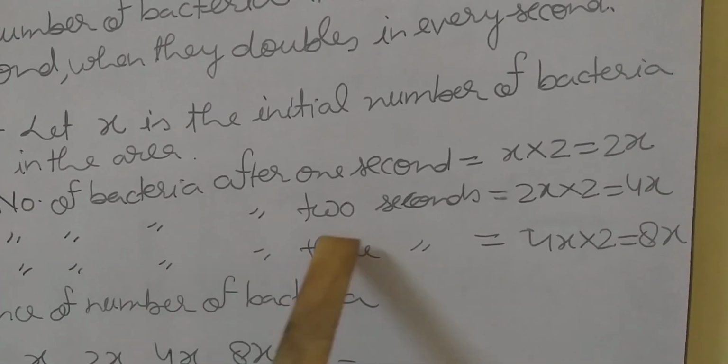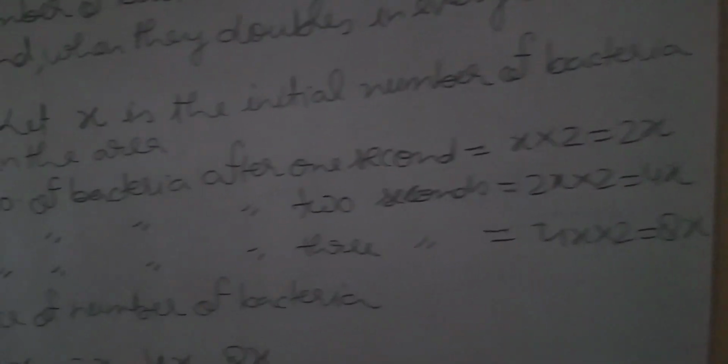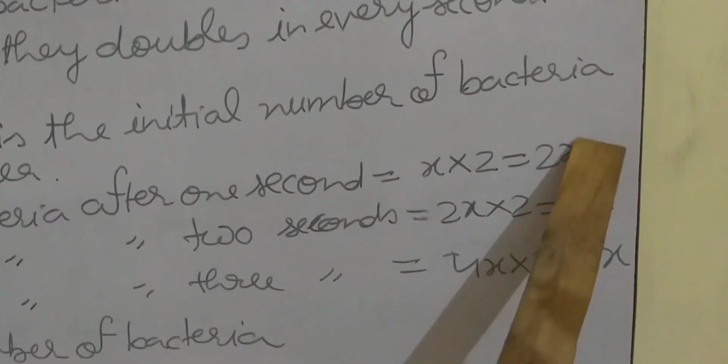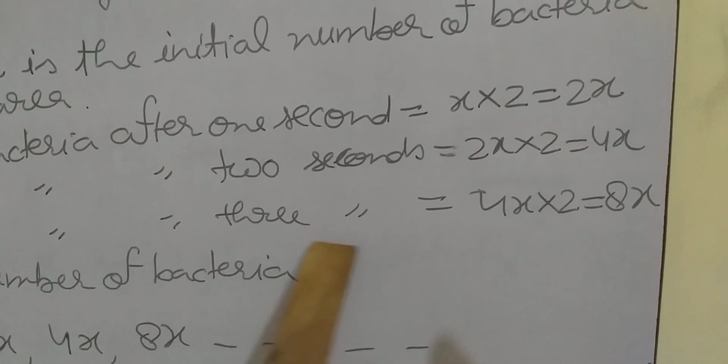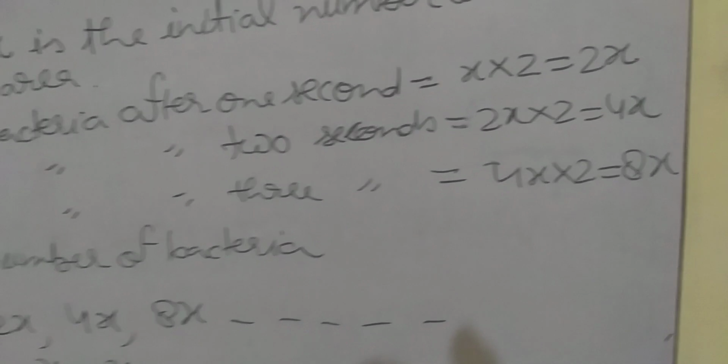Number of bacteria after 2 seconds, 2X into 2 equals 4X, double of 2X. Number of bacteria after 3 seconds, 4X into 2, 8X.